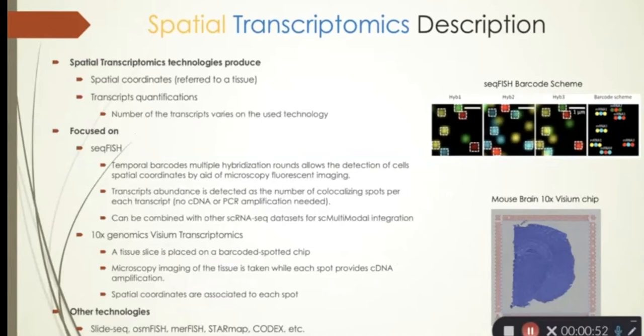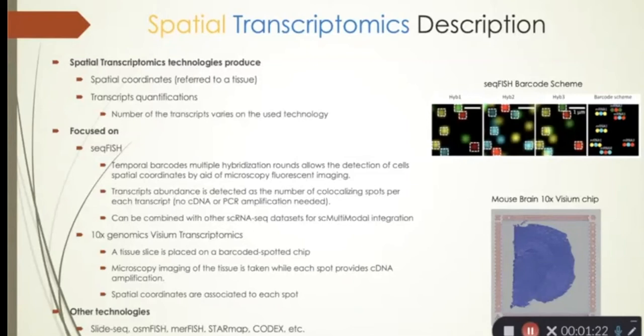With spatial transcriptomics, there are several technologies which provide spatial coordinates of the cells referred to a reference, in our case a tissue or a portion of a tissue, and moreover they also provide transcript quantifications.